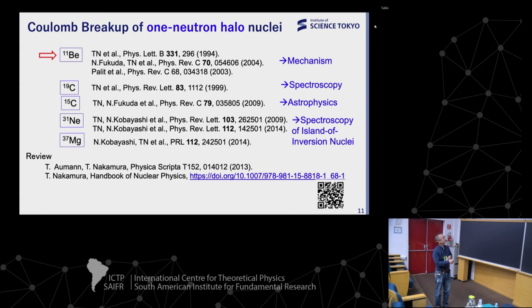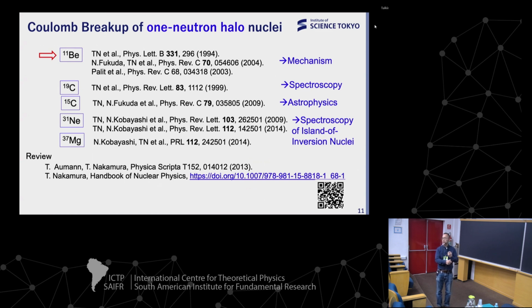And then later, we measured carbon-19, which is relevant to spectroscopy, because carbon-19 had a really controversial situation. And carbon-15 for astrophysics interest, because the carbon-14 neutron radiative capture reaction is relevant to astrophysics, the inverse reaction, I mean. And then neon-31 and magnesium-37, in this case we first measured inclusive cross-sections.